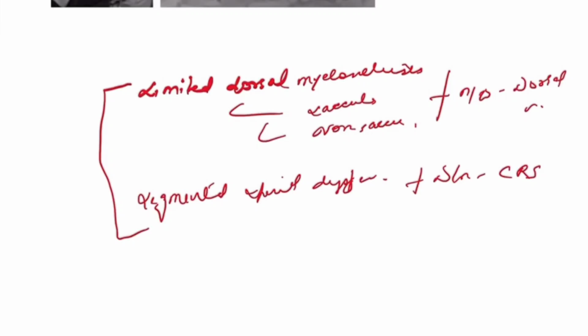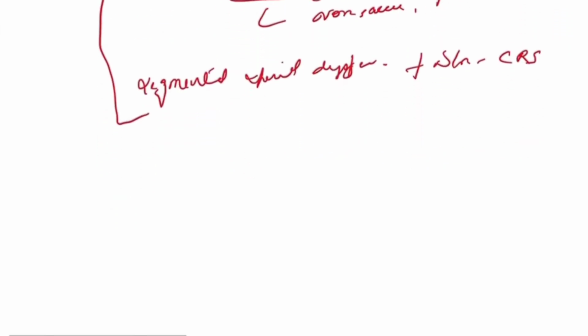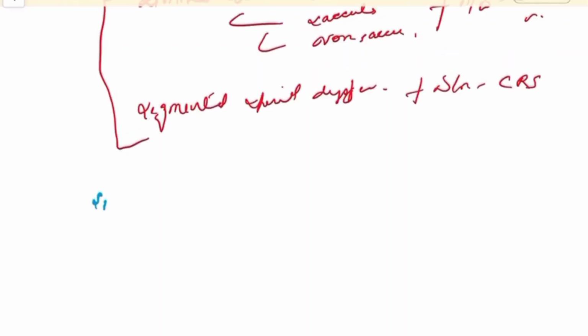Okay, if you have noticed, I have used two terms throughout this video that I now want to discuss, but before that, let's know where the spinal cord terminates. Okay, so the spinal cord ends at the lower border of the L1 vertebra.